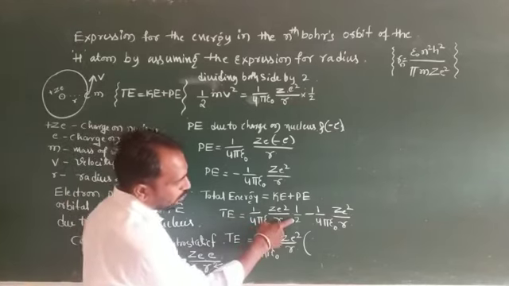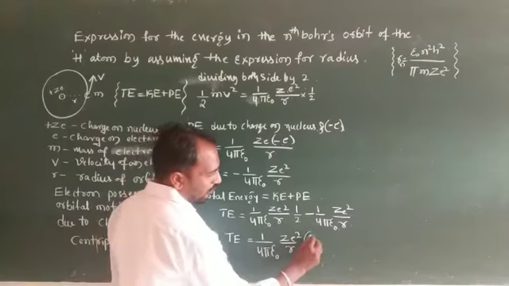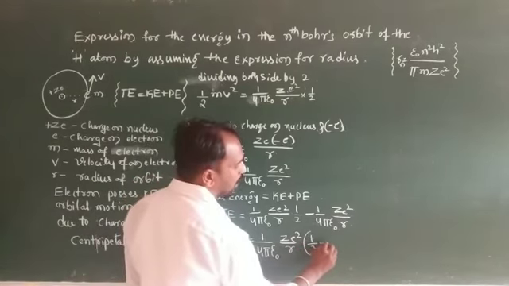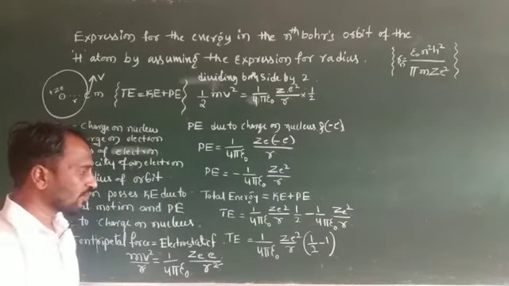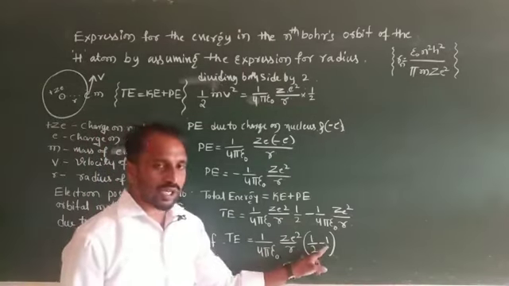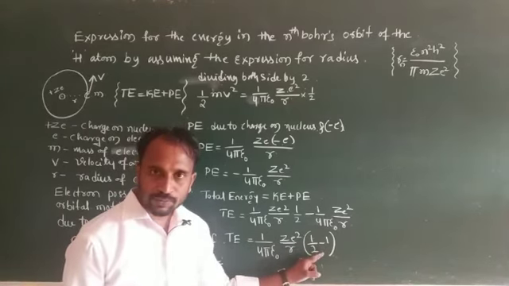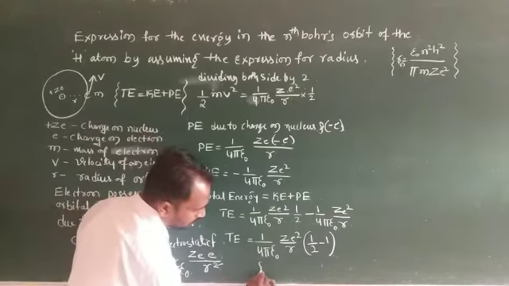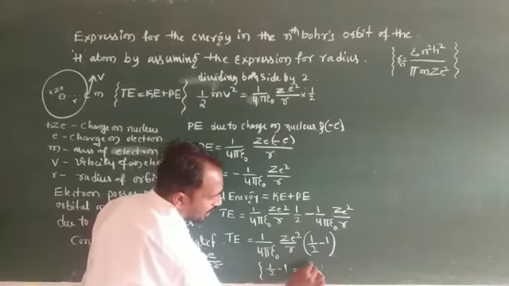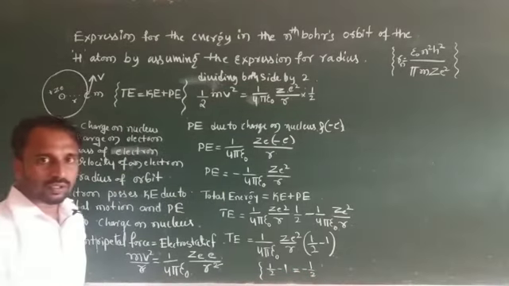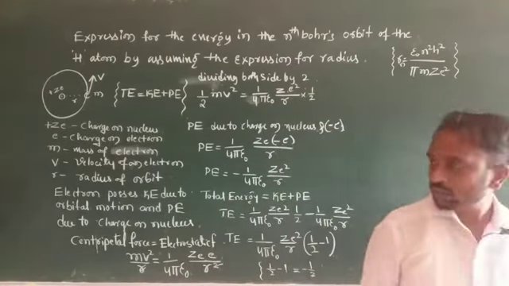Here 1 by 2 is there, into 1, so we consider 1 by 2 minus 1. 1 by 2 minus 1 has the value minus 1 by 2.